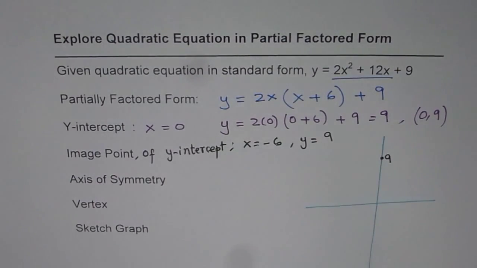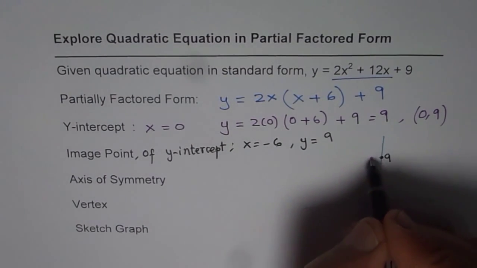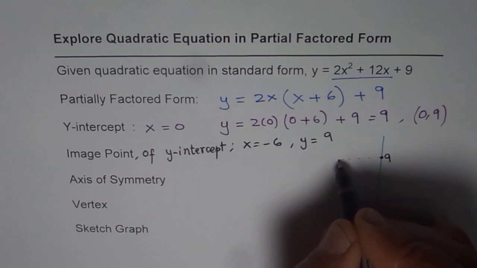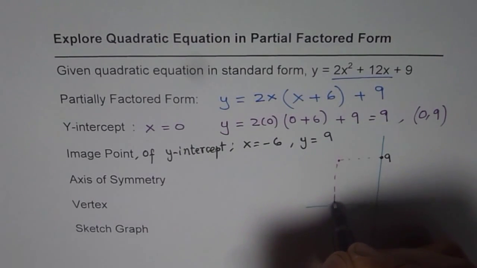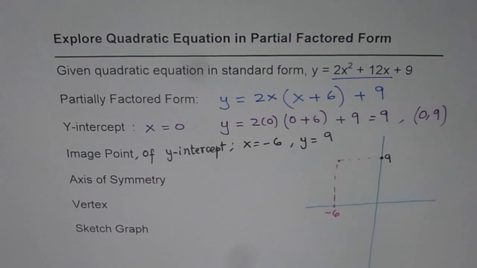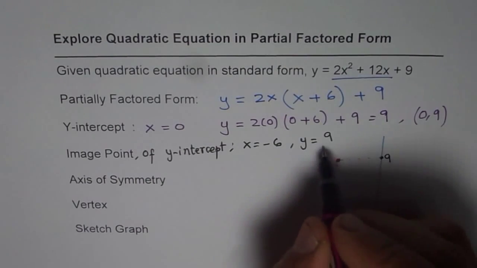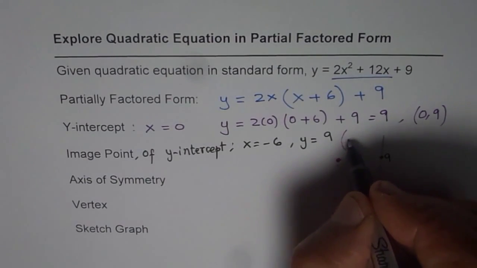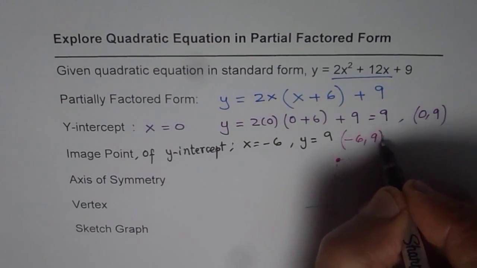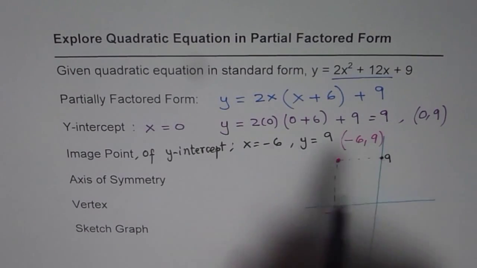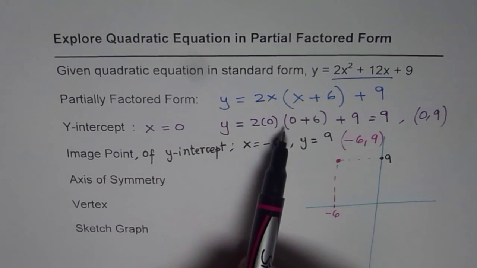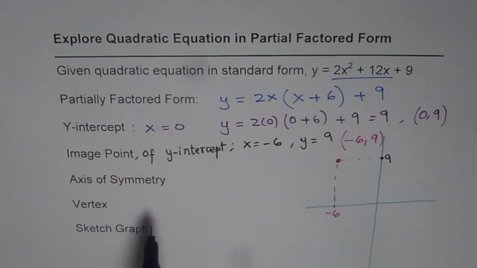That means we get the image of the point at 9. This image is at minus 6. So in a way, we got 2 points on the parabola. So let me write this image point as (minus 6, 9). Both these points are on the given quadratic function, correct?